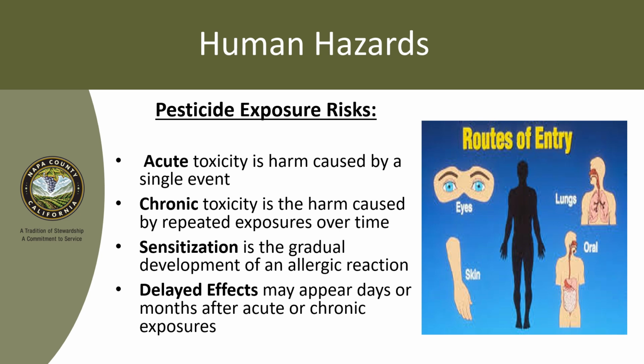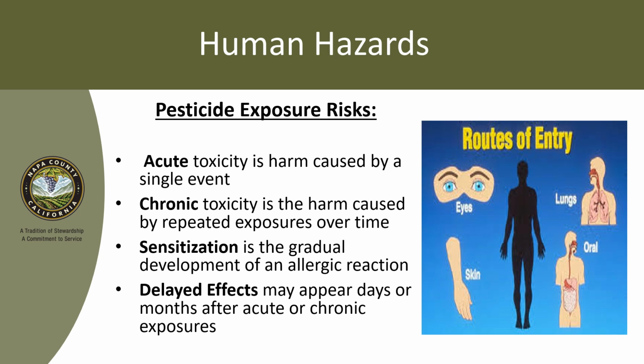Chronic toxicity is the harm that's caused by repeated exposures over time. If you've been doing this line of work for a long time and you've been exposed several times, you might have delayed reactions that can appear days, months, or years after pesticide exposures, or you can develop sensitization, which is a gradual development of allergic reaction from enduring or consistent exposures.